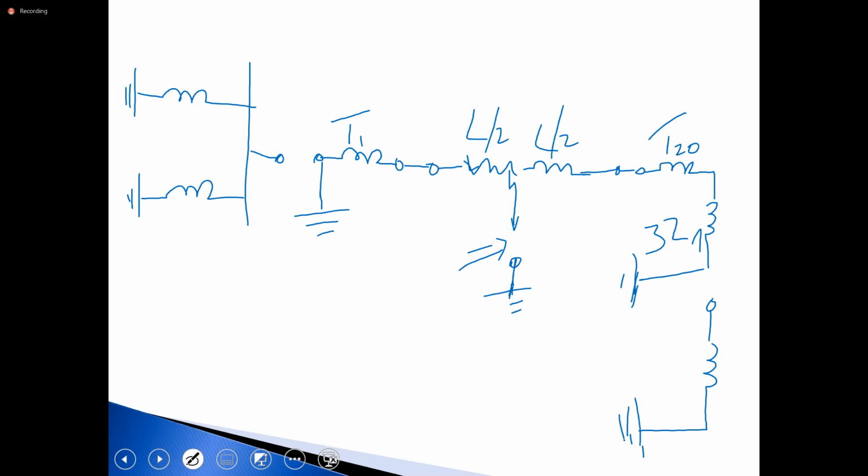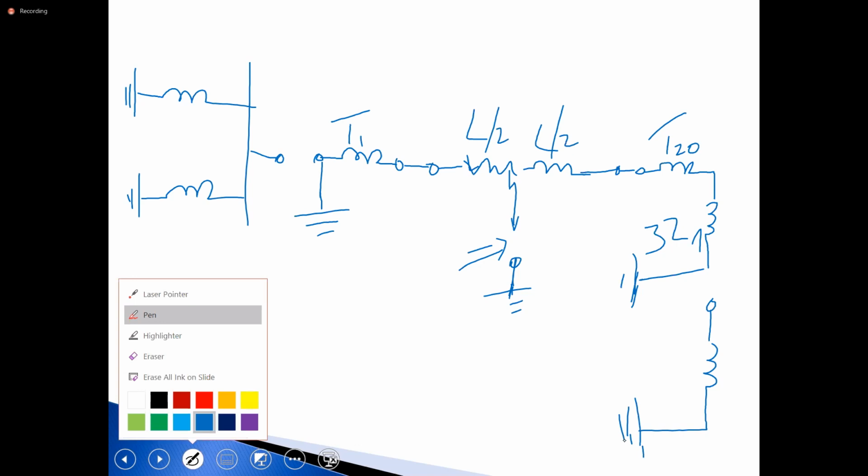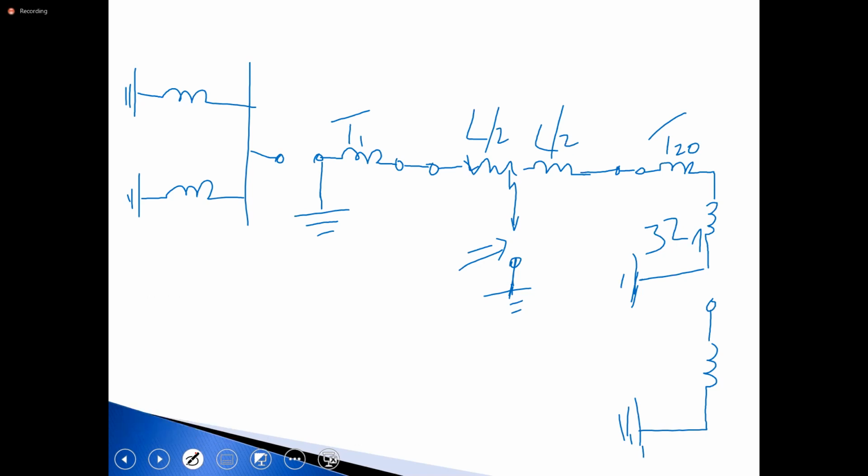For your zero sequence, these are my generators. So this is G1 0, this is G2 0. This is T1 0. All right. T1 0.